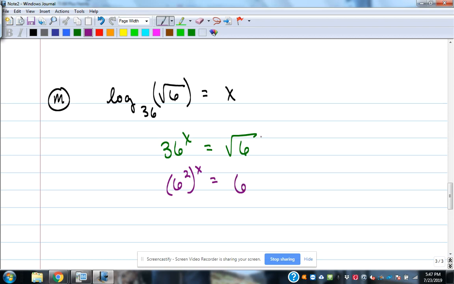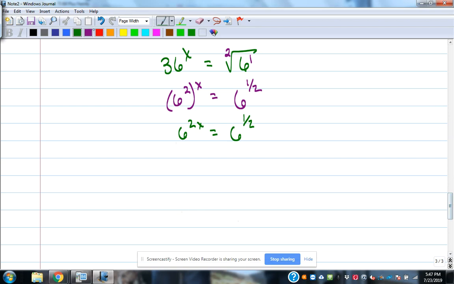A square root becomes the 1/2 power. Now, what have I done? I've rewritten the problem with the same base on each side. I've taken a logarithmic statement, turned it into an exponential, and then used the rules about exponents that I know. So 6 to the 2x is equal to 6 to the 1/2.